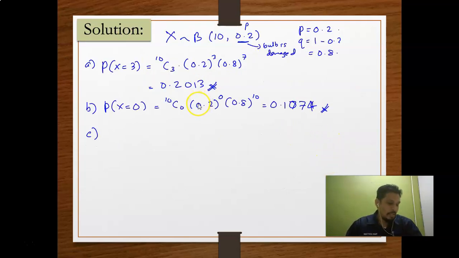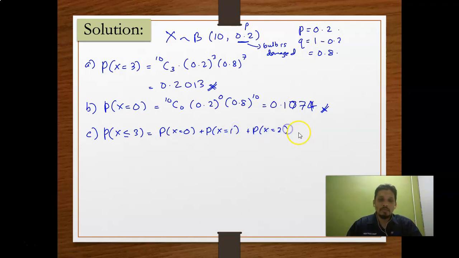So then, we are going to list down all of these. Probability of x less than or equal to 3 is probability of x equal to 0, plus probability of x equal to 1, plus probability of x equal to 2, plus probability of x equal to 3. For x equal to 0, it is 10C0, 0.2 to the power of 0, 0.8 to the power of 10.